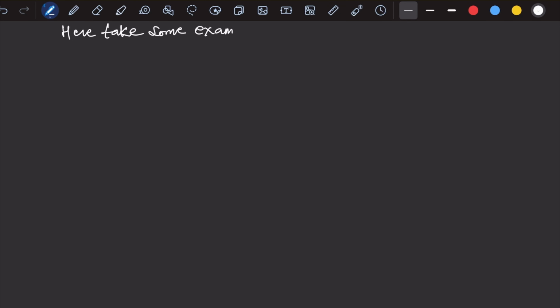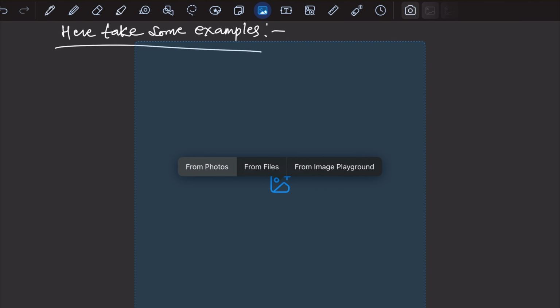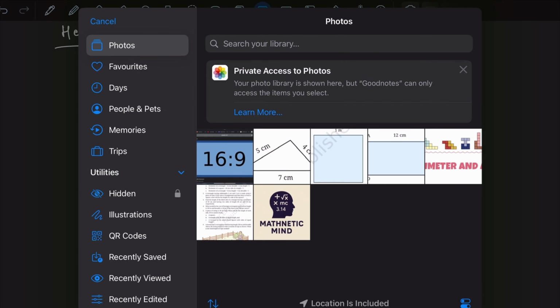Some examples of perimeter. Okay, so how can we calculate the perimeter.